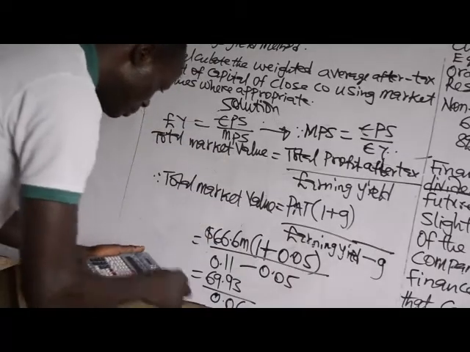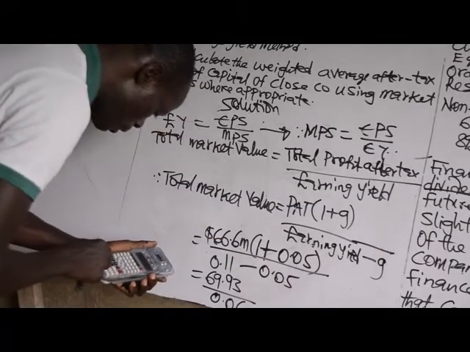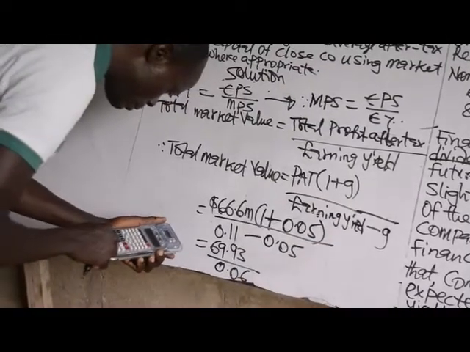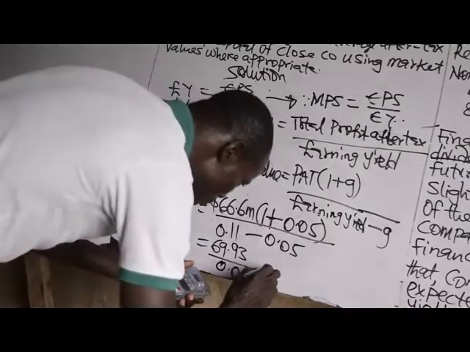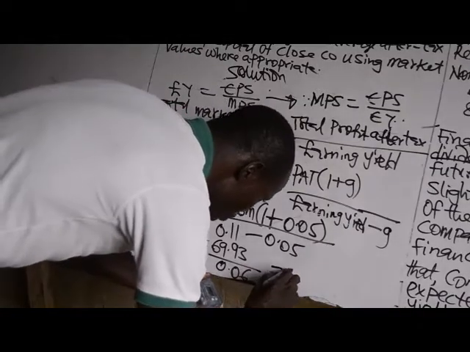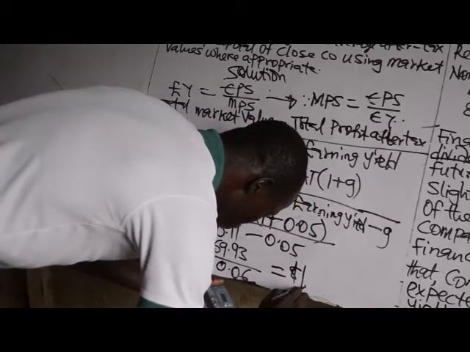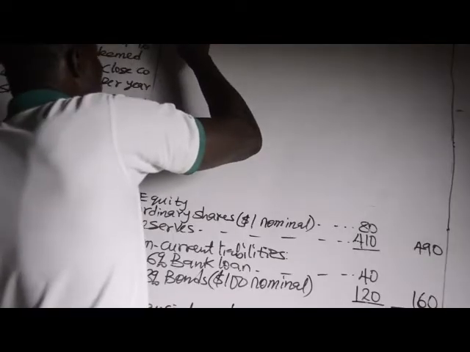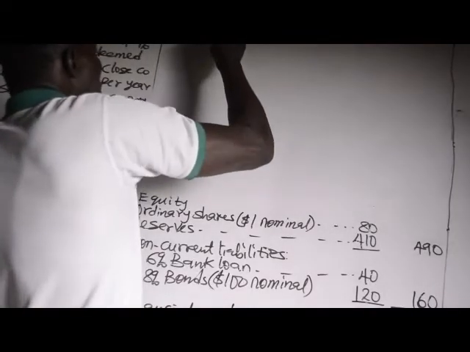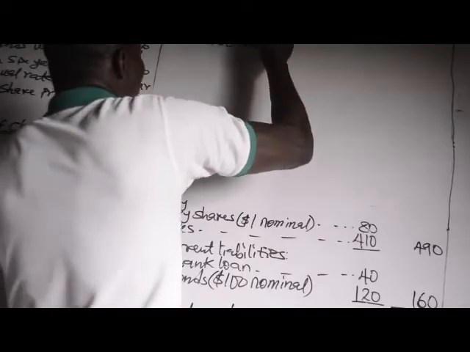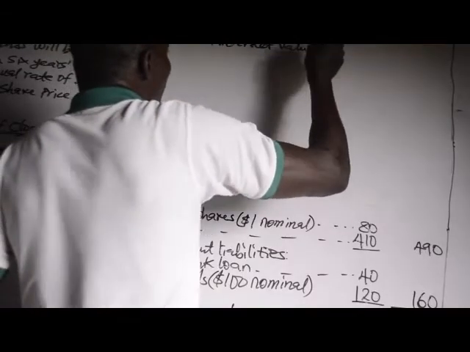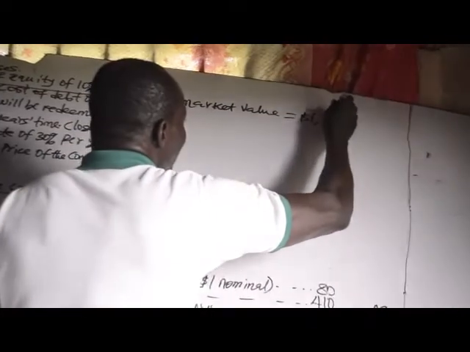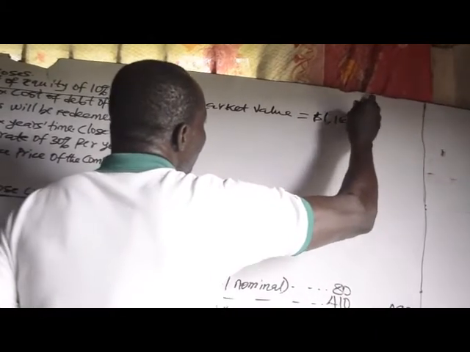If you divide 69.93 by 0.06, that gives us 1,166 million. Therefore, the total market value of Closco is $1,166,000,000.